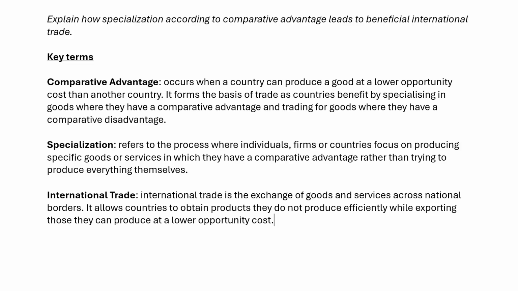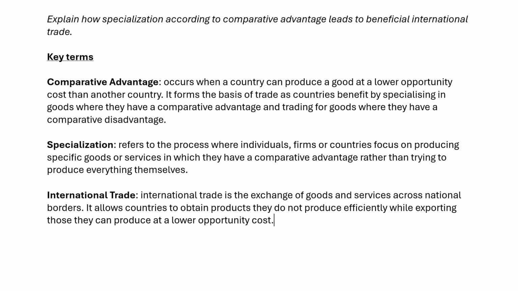So we want to make sure that we insert as many of those important keywords as possible. I want to mention things like opportunity costs, and things like exchange of goods and services. These are all important concepts that we need to mention when we are defining our key terms.